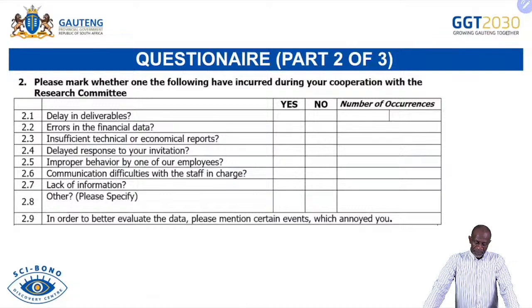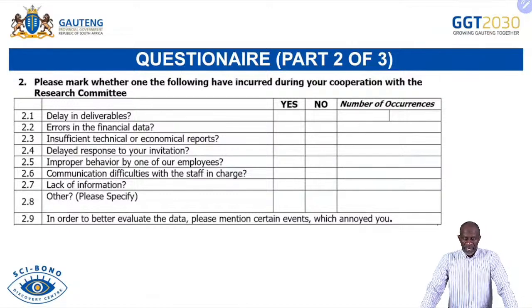Were there insufficient technical or economical reports that you need to answer by yes or no? The lack of information that you will have to answer by yes or no, and where possible, expatiate, give a reason why you say yes or no on the side. It also asks customers to give a number of incidents related to that in the last column.